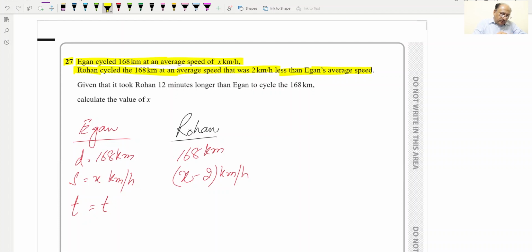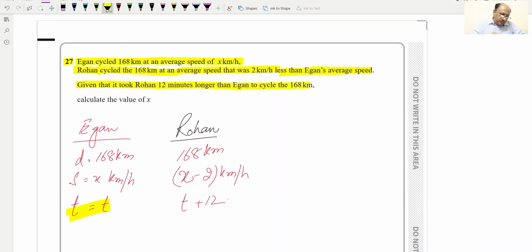Given that it took Rohan 12 minutes longer, if this is t, then the time will be t plus 12 minutes more. We can change 12 minutes into hours, so later on we'll divide by 60 to convert into hours.